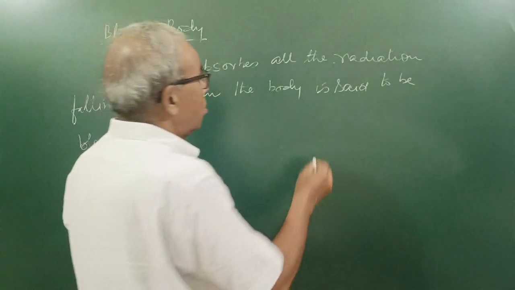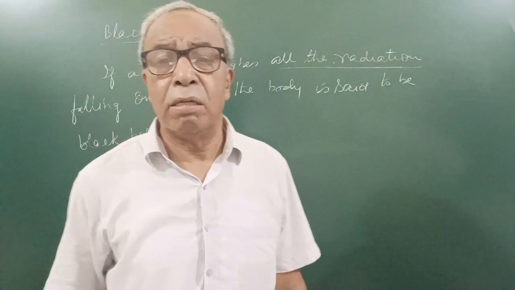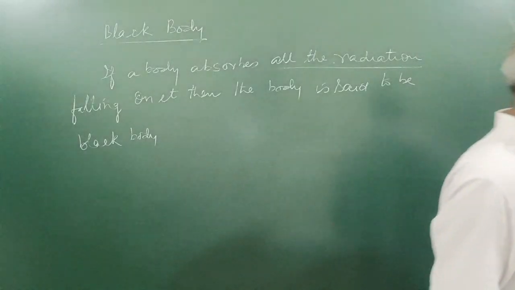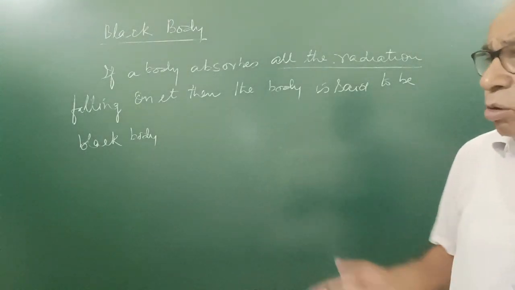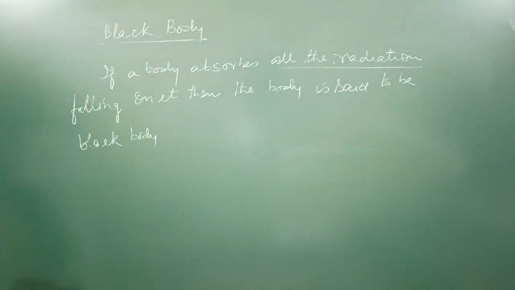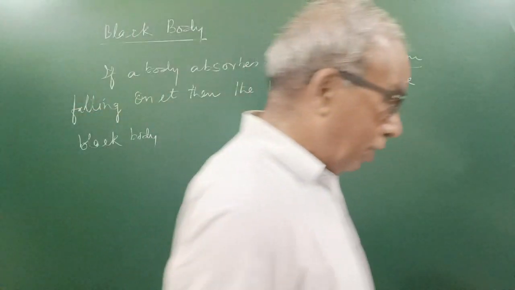I wrote here all the radiation, not only heat radiation: visible light, ultraviolet, X-rays and gamma rays, any radiation. If a body absorbs all those radiations, then it is called a black body.